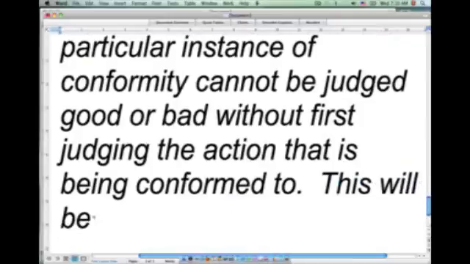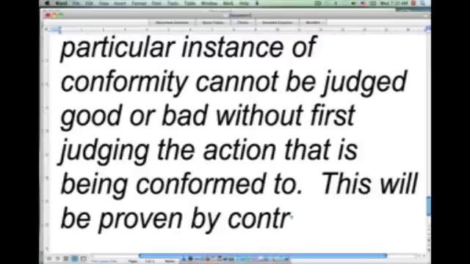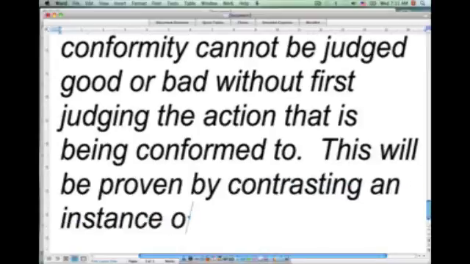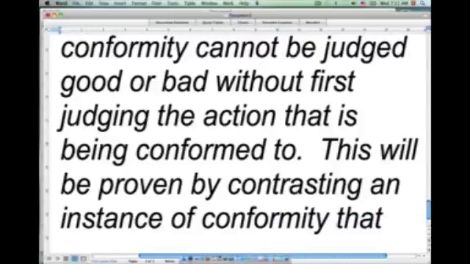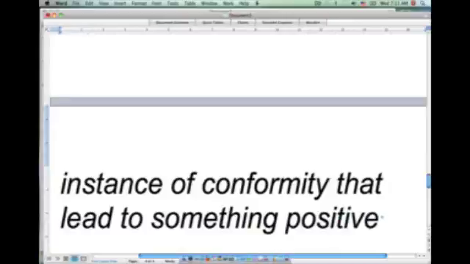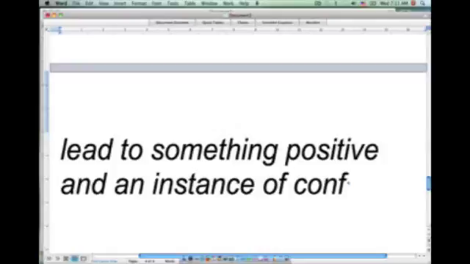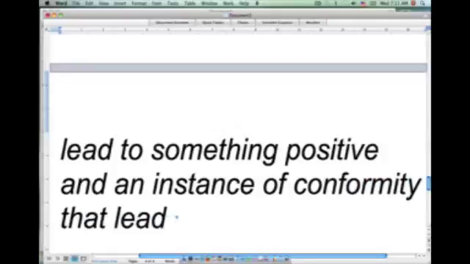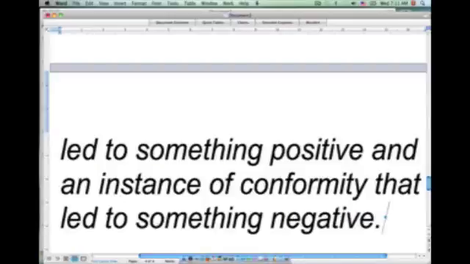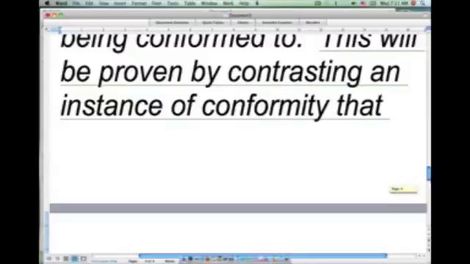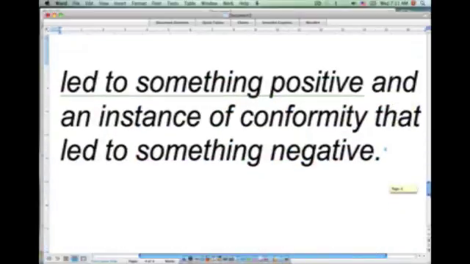So let's say this will be proven by contrasting an instance of conformity that led to something positive and an instance of conformity that led to something negative. Okay.